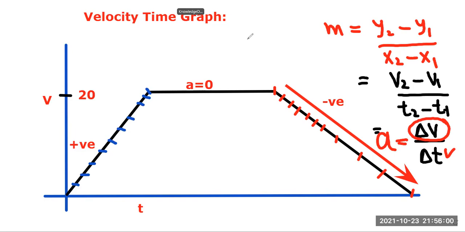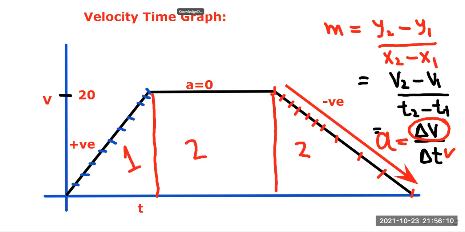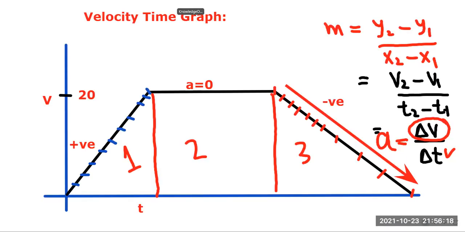Okay, let's calculate whether these are positive accelerations, negative accelerations, or zero acceleration. Suppose this is the first part, second part, and third part. So for the first part, let's consider this point where suppose time is 5. Here time is 10.